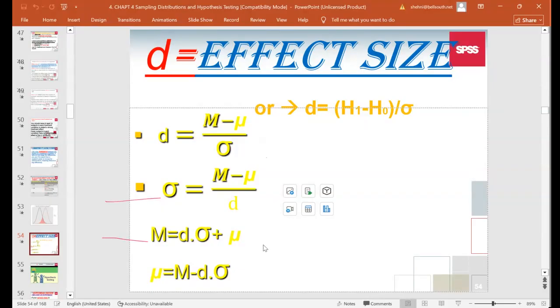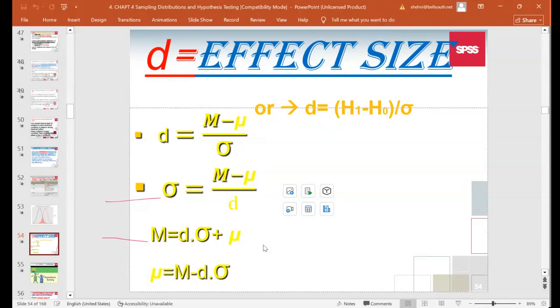And the other two are derivatives of Cohen's d. For example, if I give you the sample size and Cohen's d, and you know the population mean, if it's IQ 100, then I ask you to calculate the standard deviation.